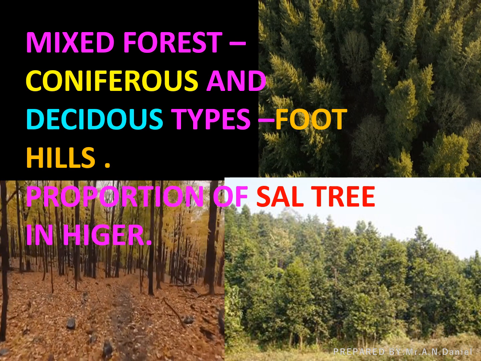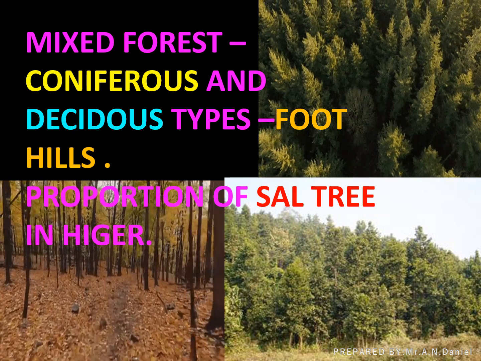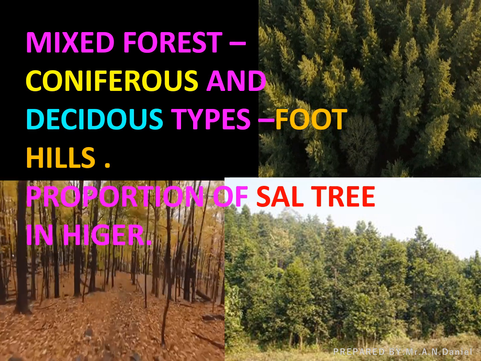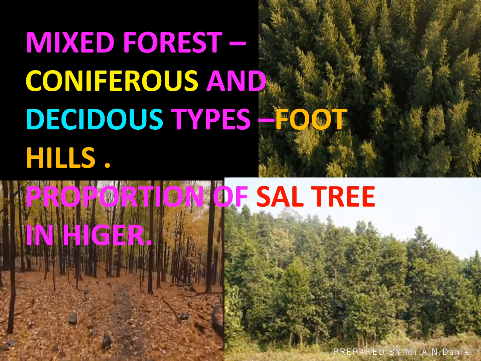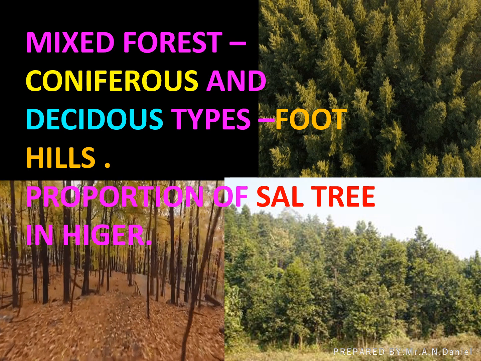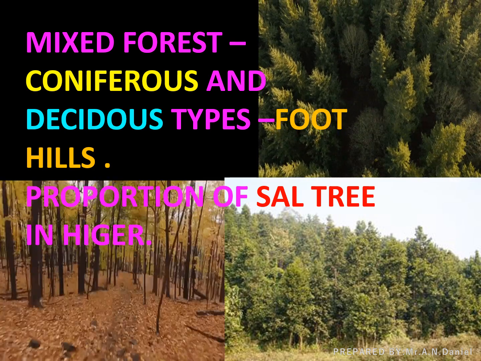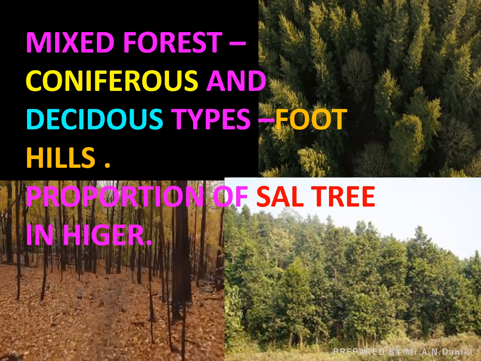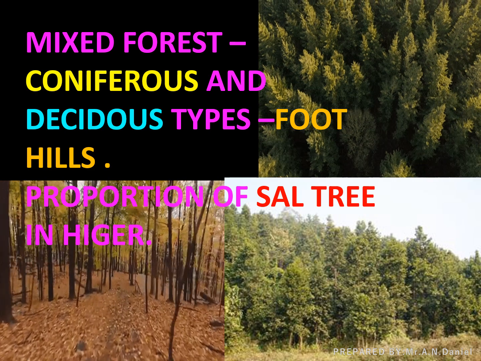The third type of Himalayan region forest is at the foothills or lower altitude. In the lower altitude, we observe mixed type of forest. In that, you can see coniferous and deciduous types of trees.